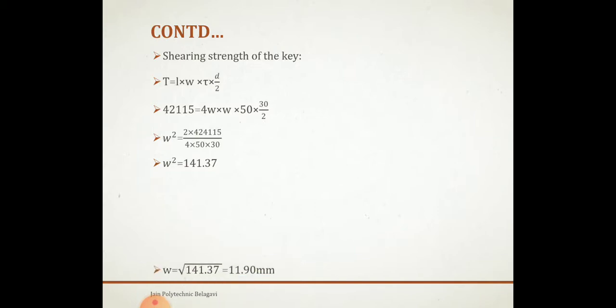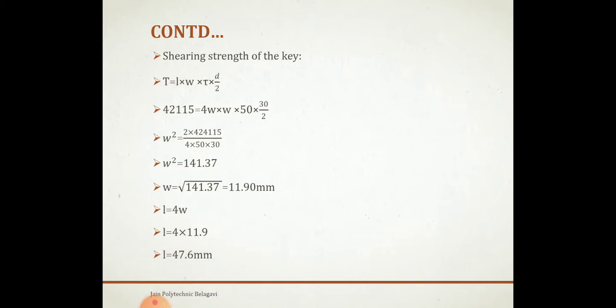When you take the square root of that, you will find W equal to 11.90 mm. Therefore the length of the key is equal to 4W, or L equal to 4 into 11.9, which equals 47.6 mm. Okay, thank you.